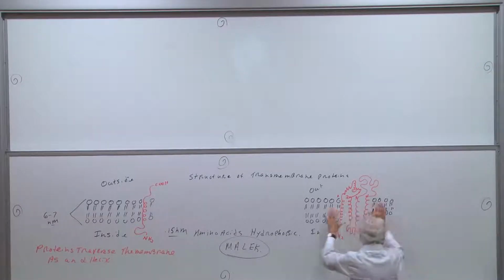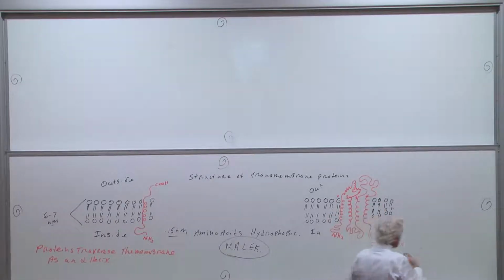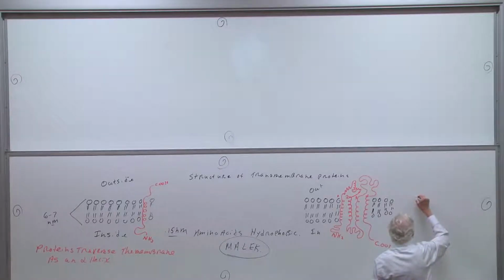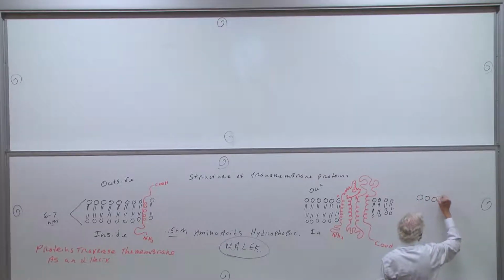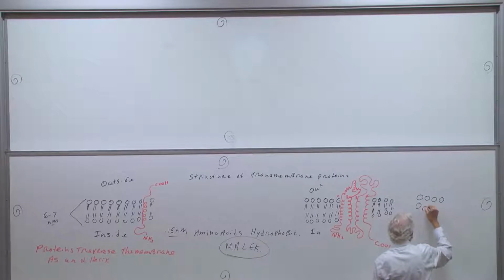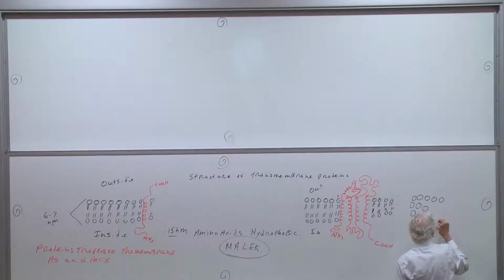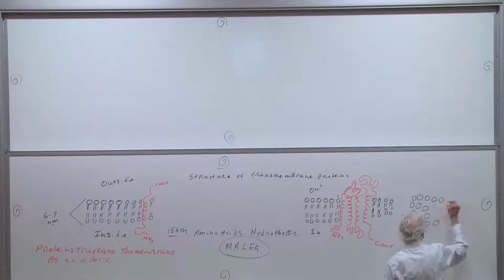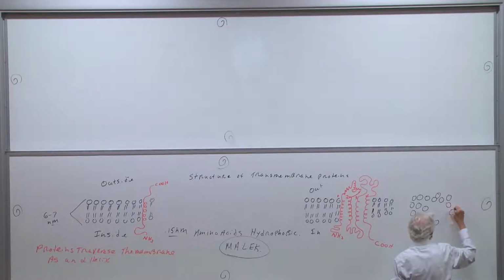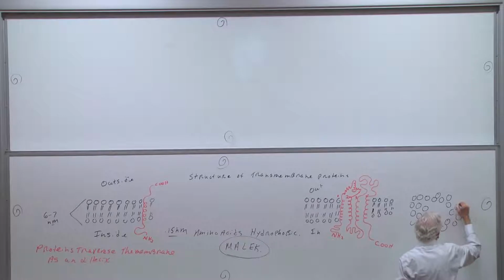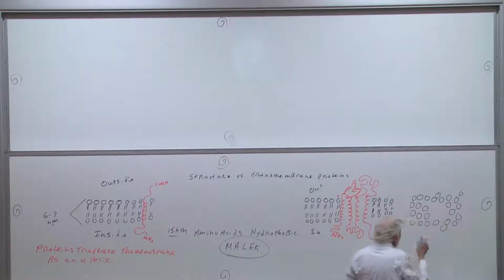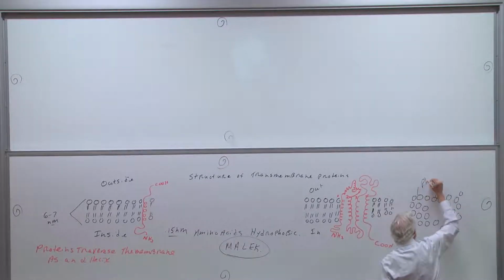So, these are spread. Now over here, I'm going to draw circles. Each of these circles is meant to represent the phosphate head group. These are the phosphate head groups.